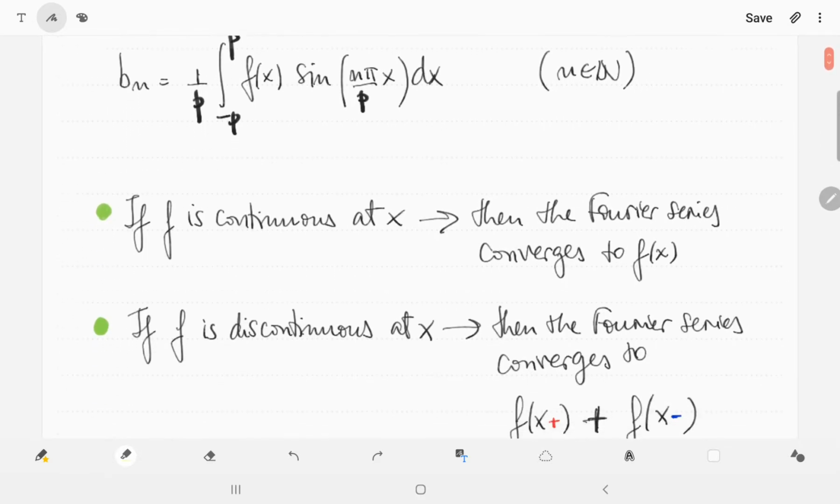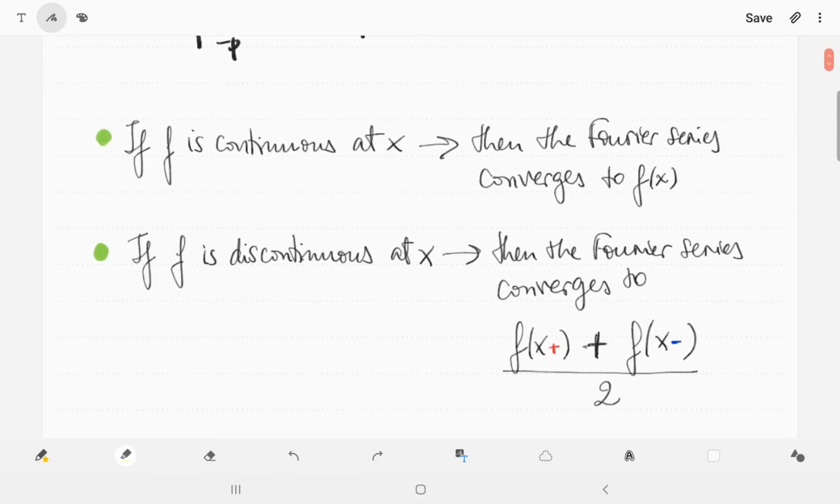And we also saw that for the points where f is continuous, we can have this Fourier series representation exactly equal to f at x. And that means that the Fourier series converges to f(x).